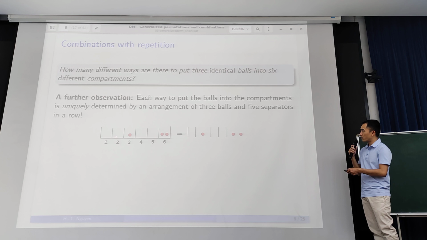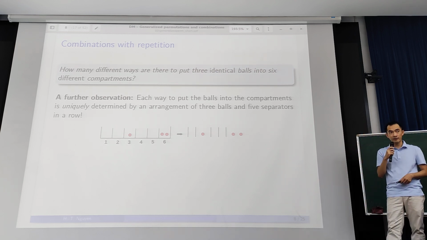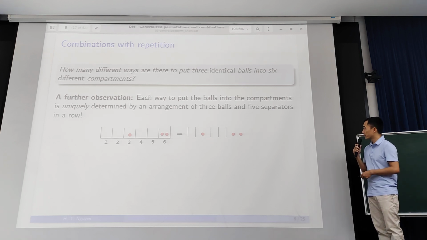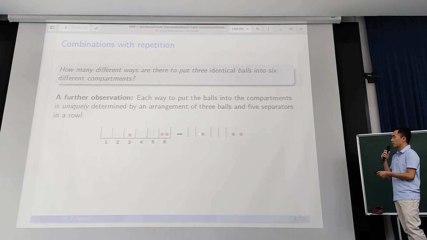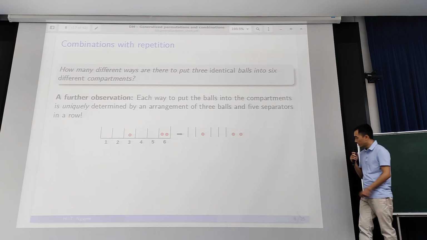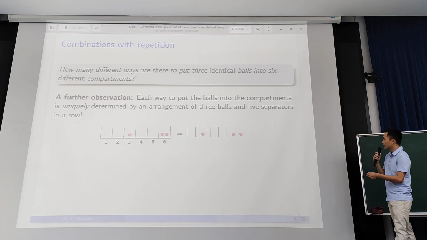In total you have 1, 2, 3, 4, 5 separators between the boxes, and 3 balls. This space here corresponds to box number 1. The space between the first 2 separators corresponds to box number 2. This is box number 3, and you know there is a ball here, so this is 3, and here is 4, 5, and 6, 6.